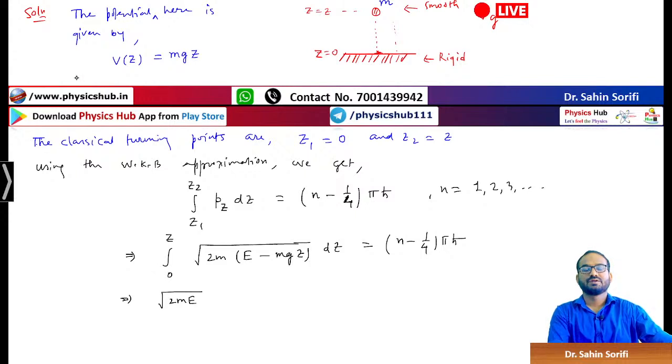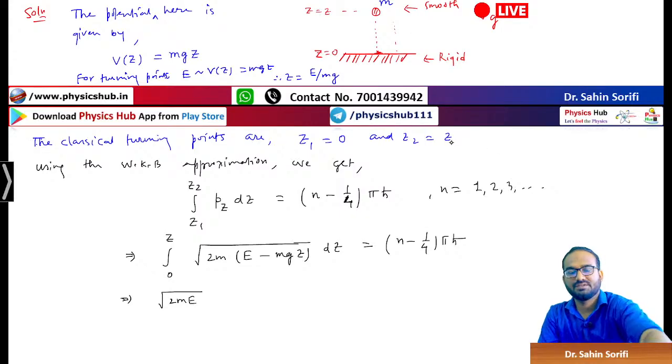Look, for the turning points we have to make E approximately V of z, that is mgz, or z is equal to E by mg.